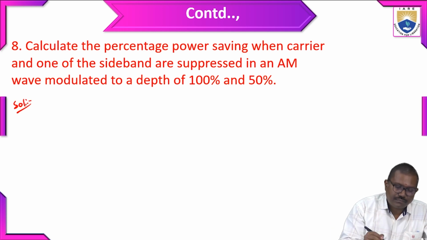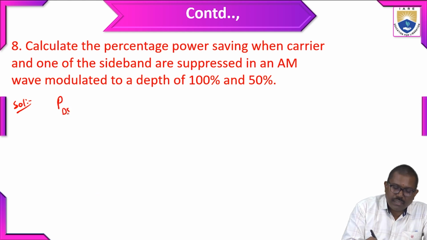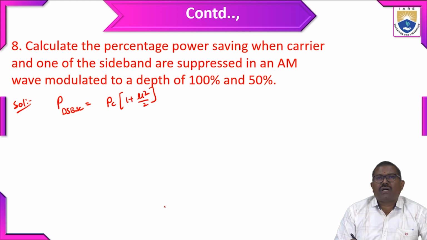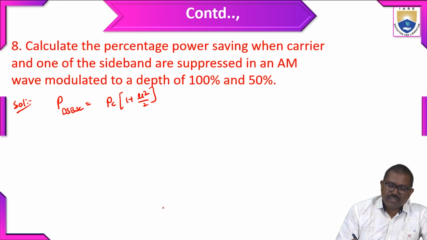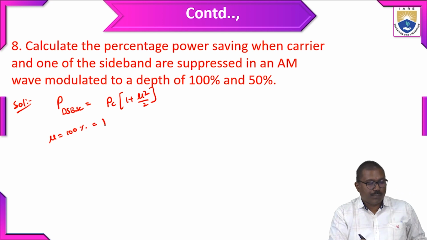Solution. What is the required formula? P DSB-SC is equal to Pc into 1 plus mu square by 2. This is the required formula for the first one. Here the given mu is 100%, so its value is 1.